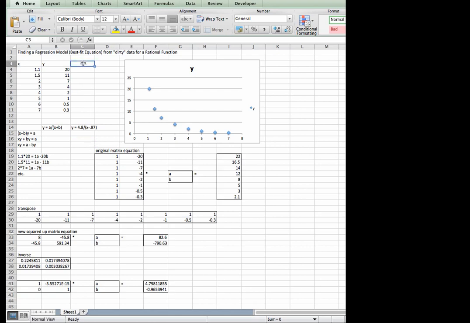Come up here and make this column the check column. And in this column we'll put the formula equals. We want to check to see if we do this to our x, if we get approximately the same y. So we'll want this A value on top.